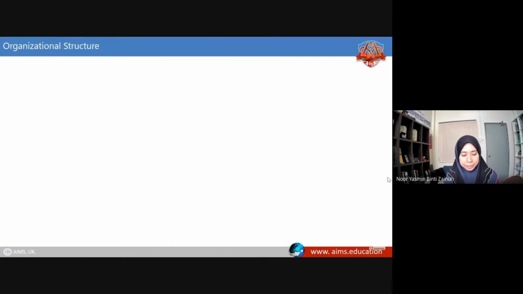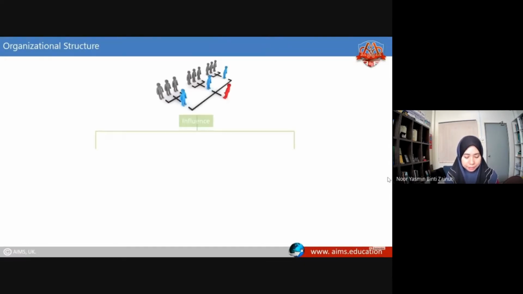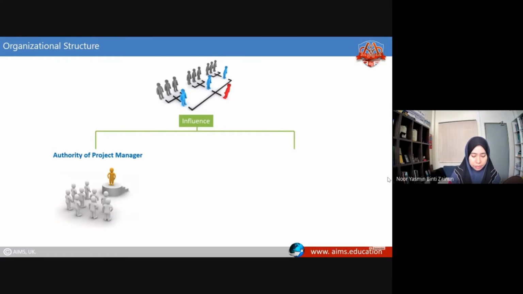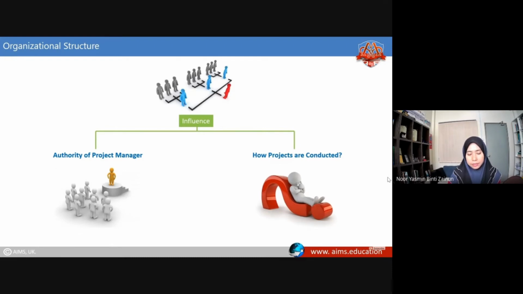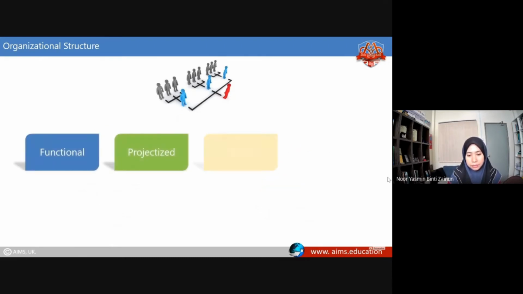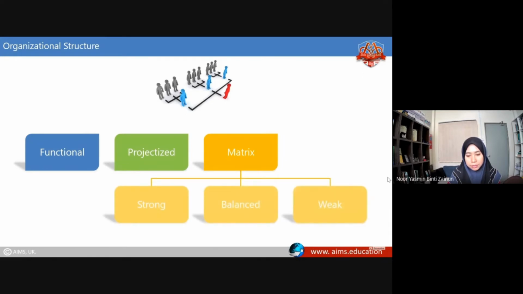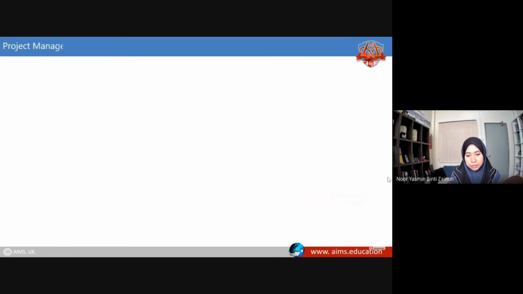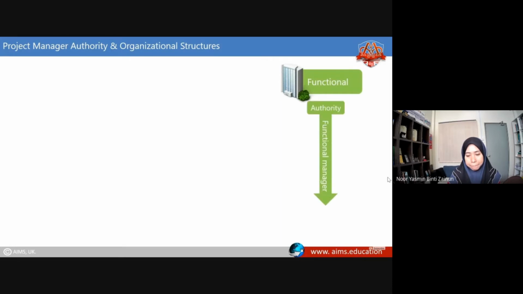Organizational structure. Organizational structure influences the authority of the project manager and influences that how projects are conducted. All organizations are structured in one of 3 ways: functional, projectized, or matrix. Matrix organization structure is further divided into 3 types: strong matrix, balanced matrix, and weak matrix. Project manager authority and organizational structures. In a functional organization, project authority rests with a functional manager.